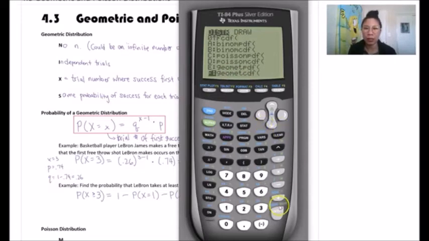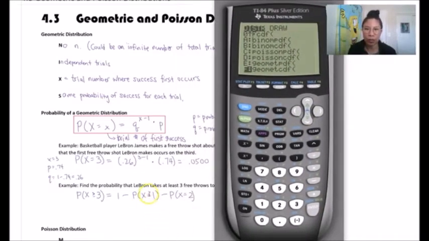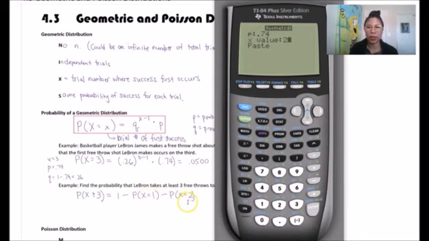So I'm going to use CDF right now because I'm trying to figure out the x equals 1 and x equals 2 together. My probability of success was 0.74. My x value here is 2 because I don't want the numbers x equals 1 and x equals 2. So geometCDF will add up x equals 1 up until x equals 2 for me.